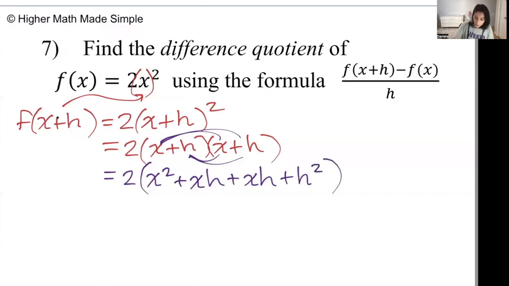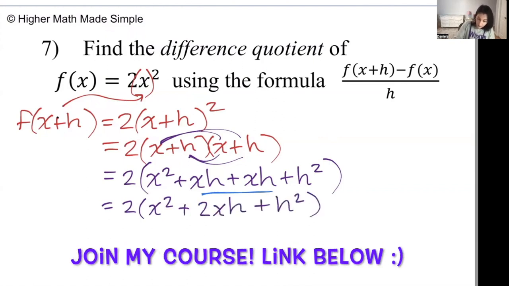And now we're going to distribute the 2 to everybody, right? Oh, actually, no. Well, you can, but as I said before, how about we combine these like terms just to work with smaller terms? So what's 1xh plus another xh? Now we have 2 xh's, right? And then it's time we can distribute the 2 to everybody.